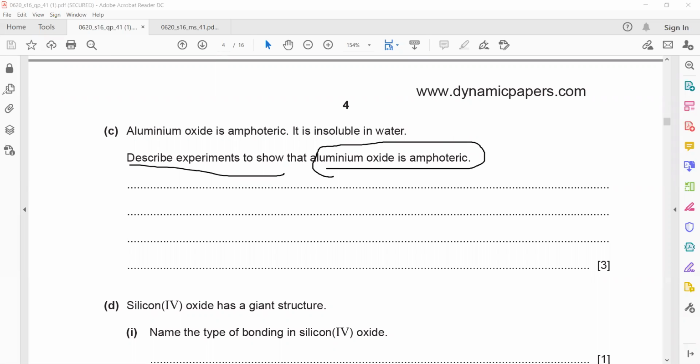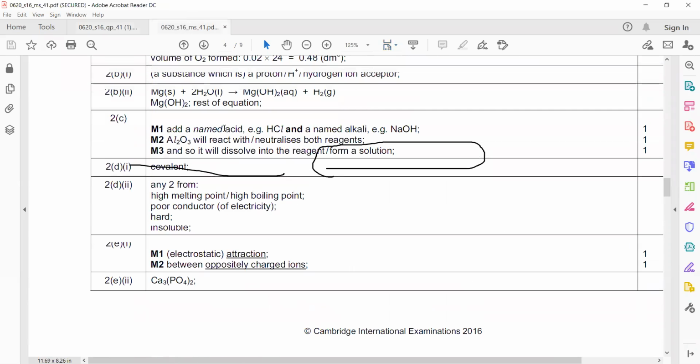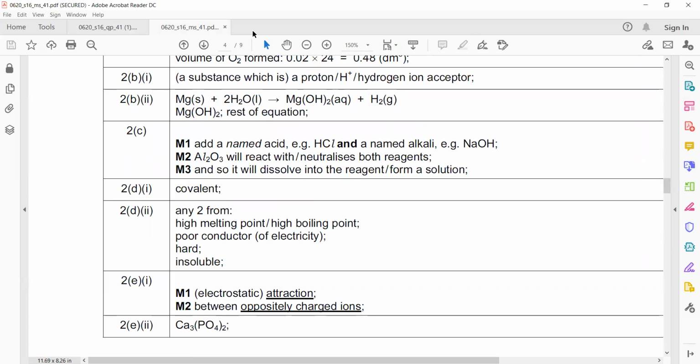And what is the distribution of the marks? You have to add a name to acid. Not generally acid, you should mention a specific name of the acid.